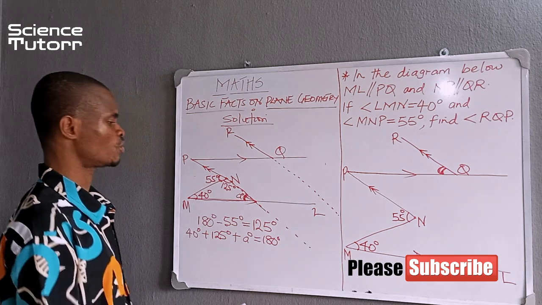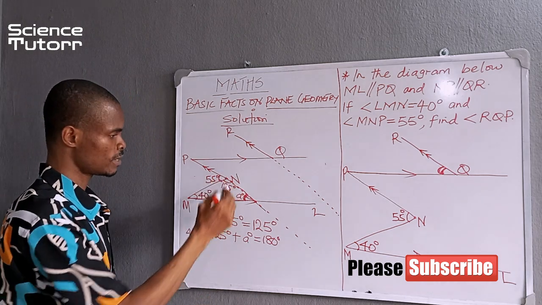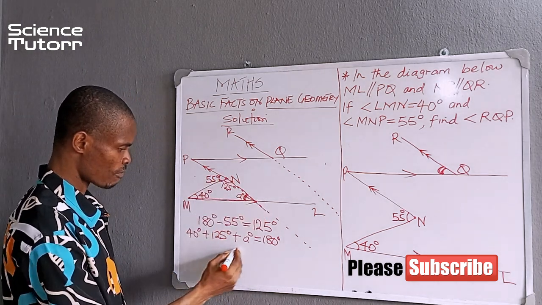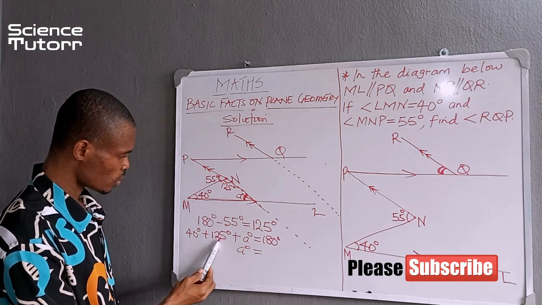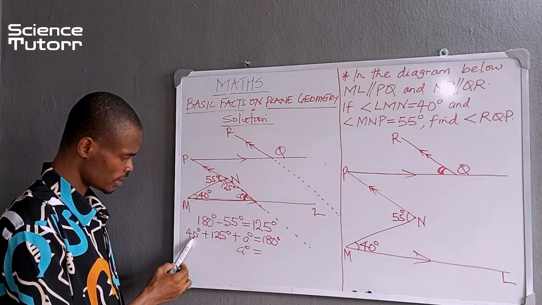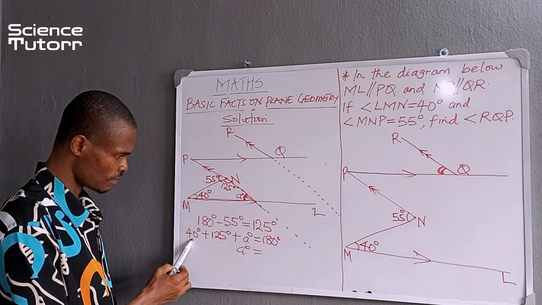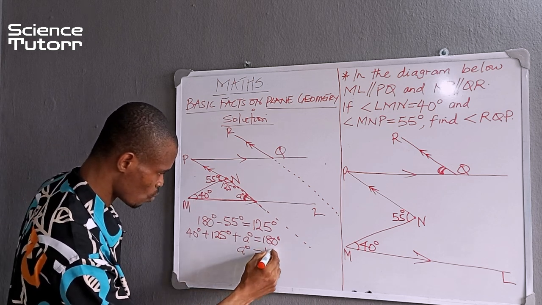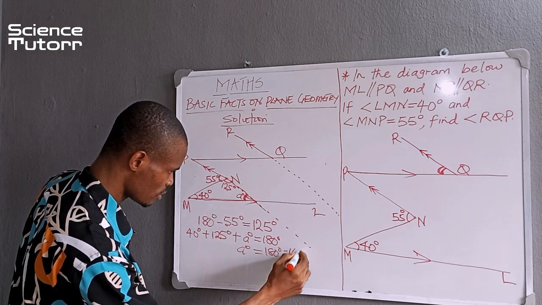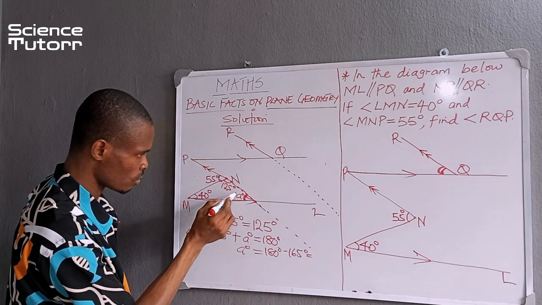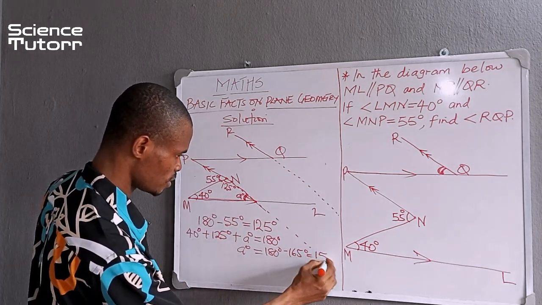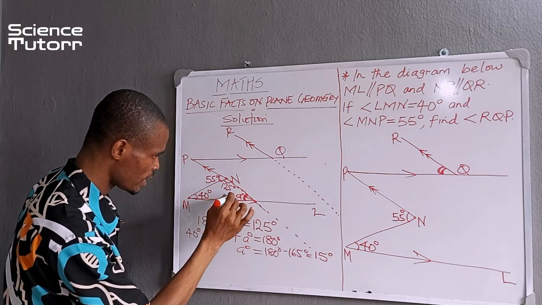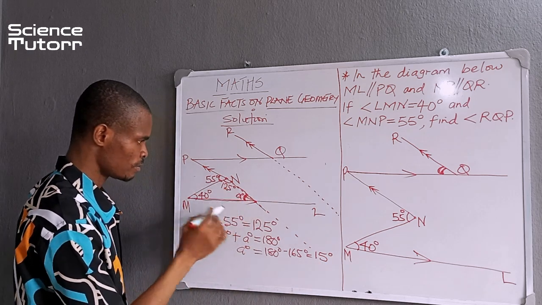This is a triangle. So we have A to be equal to 125 plus 40, that gives us 165. So 180 minus 165 gives us the small angle A, which makes 15 degrees. So angle A becomes 15 degrees.